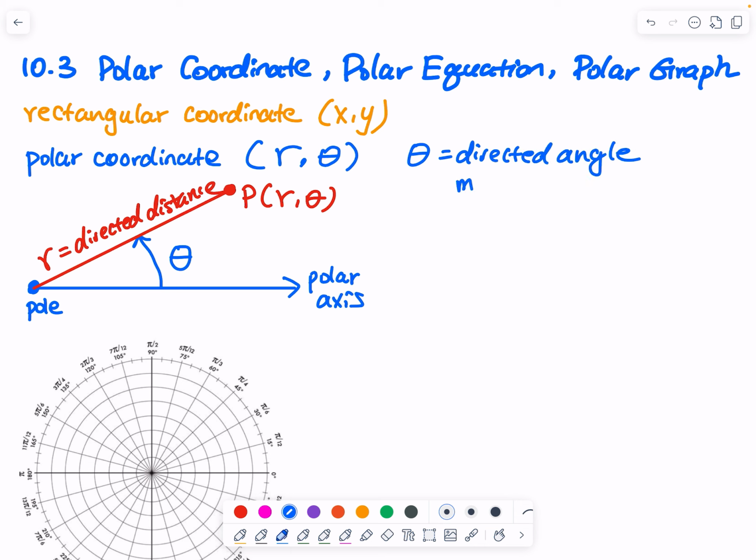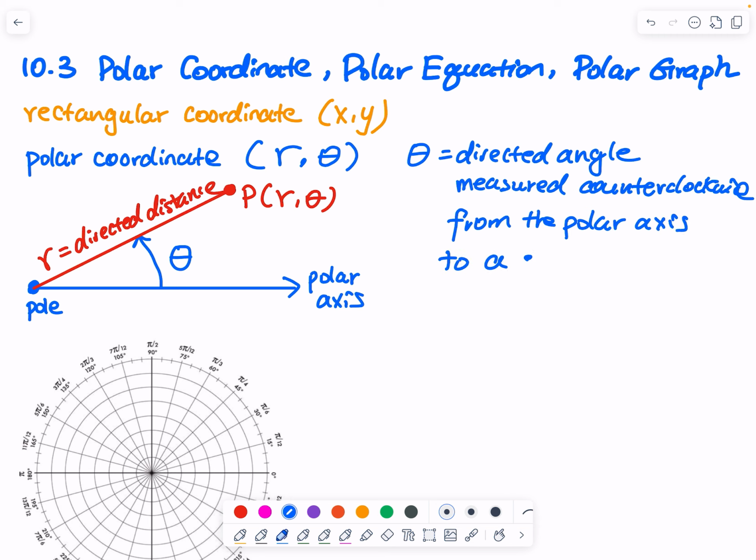measured counterclockwise from the polar axis to a segment.